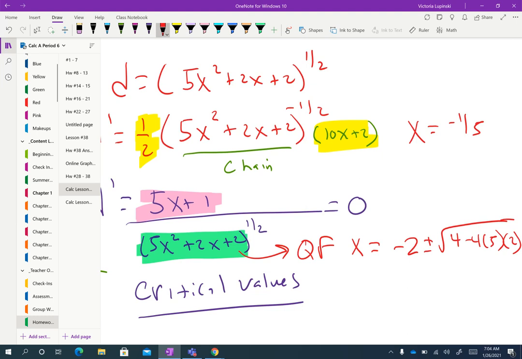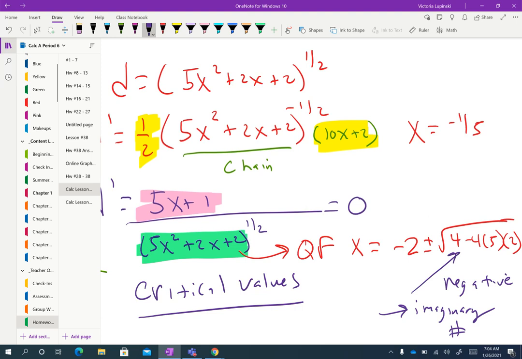And right from there, I can actually stop without even writing anything else. The reason being is that underneath the radical is a negative, which means this is going to yield an imaginary number. An imaginary number can obviously not be a solution.